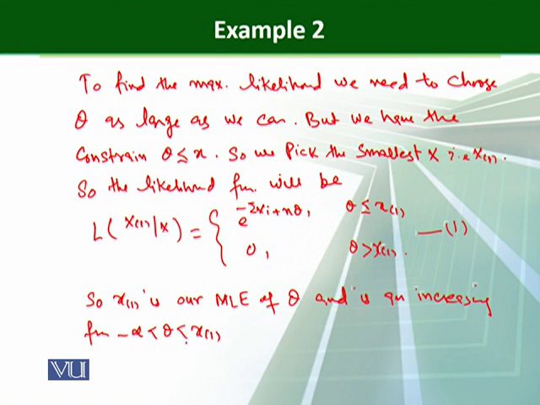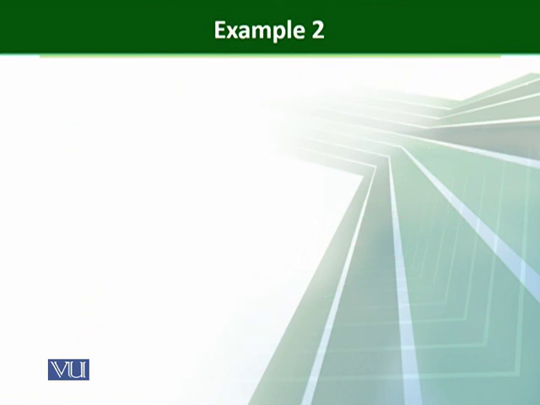In this range this function is an increasing function. So the denominator of the likelihood ratio test is as in equation 1. Very obvious, when theta is in the range minus infinity less than theta less than x1, then definitely the likelihood function will be the same as given in equation 1.